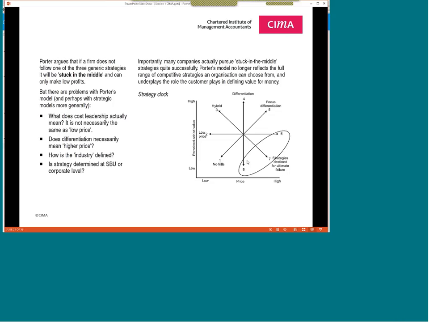This is the other way around, where you have a low added value and high price, of course. But at the same time, it's very hard to achieve a low price and high added value.